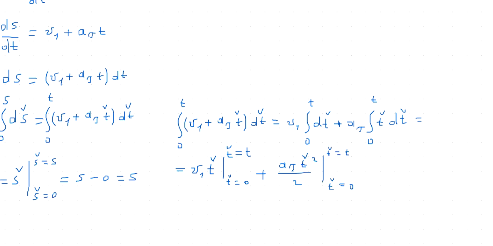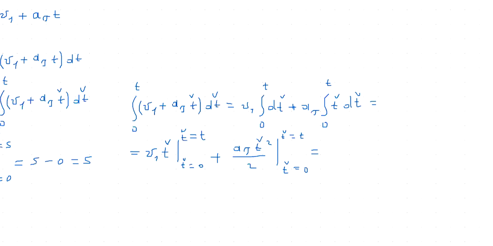Okay, let's calculate this. So this will be v1 multiplied by t minus 0, plus a tau times t. Here it is not so simple.